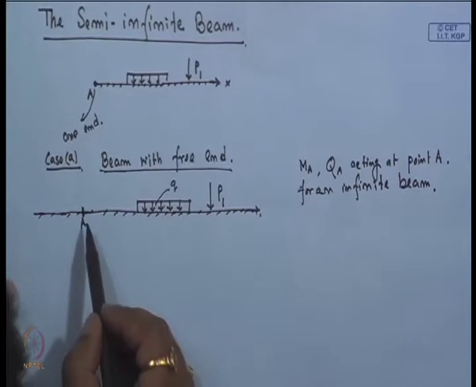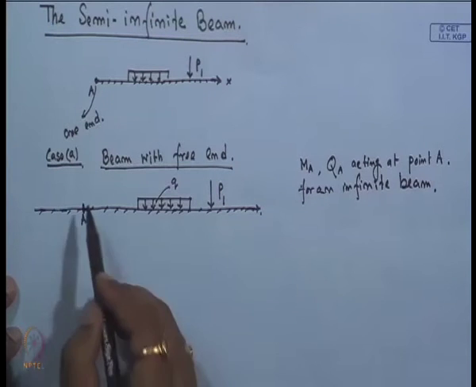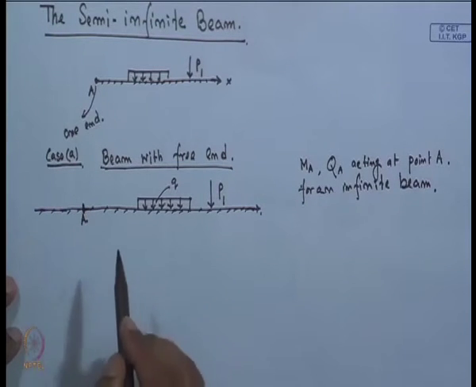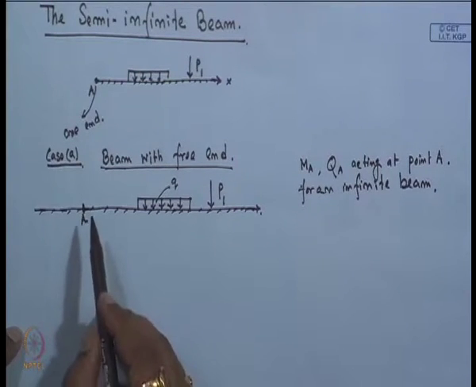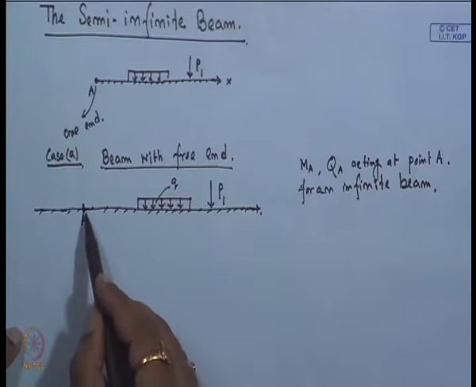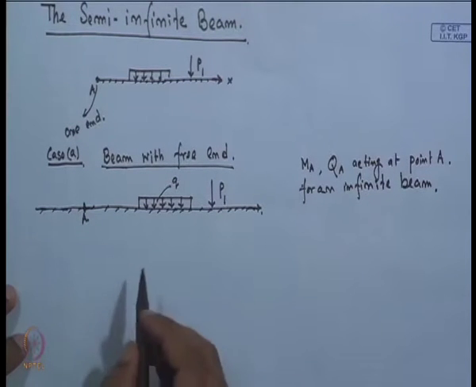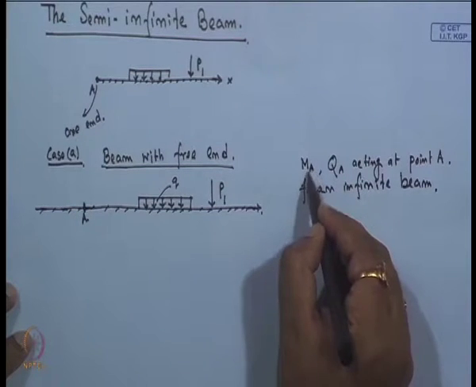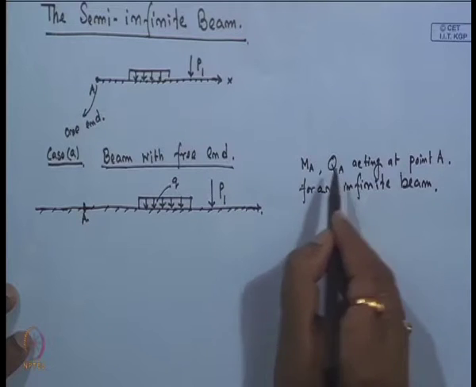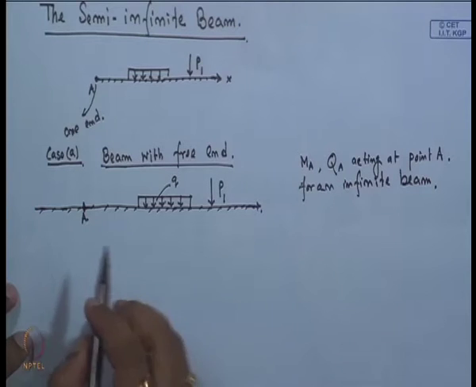But we have to keep in mind that this is actually a semi-infinite beam where end A is free. End A being free is only possible if the moment and the shear force both are 0 for this particular end. So we have to vanish this m A and q A such that we can make end A a free end.